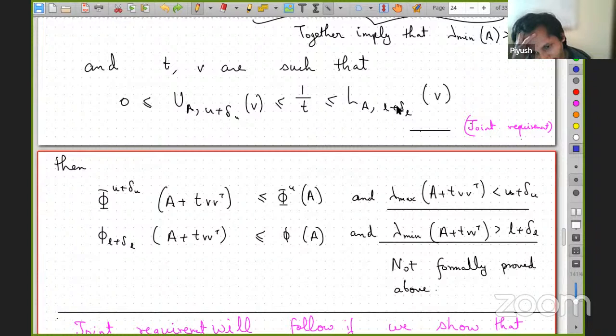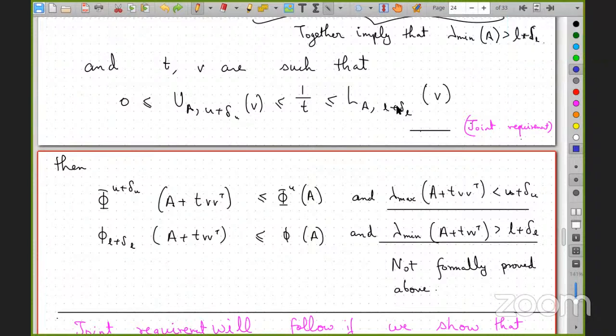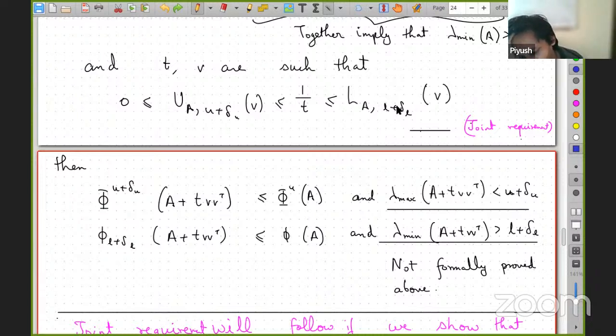At each step, you have some current maximum and minimum eigenvalue. You want to move both of them such that the lower bound moves by a constant and the upper bound also moves by a constant. Both move by a constant.